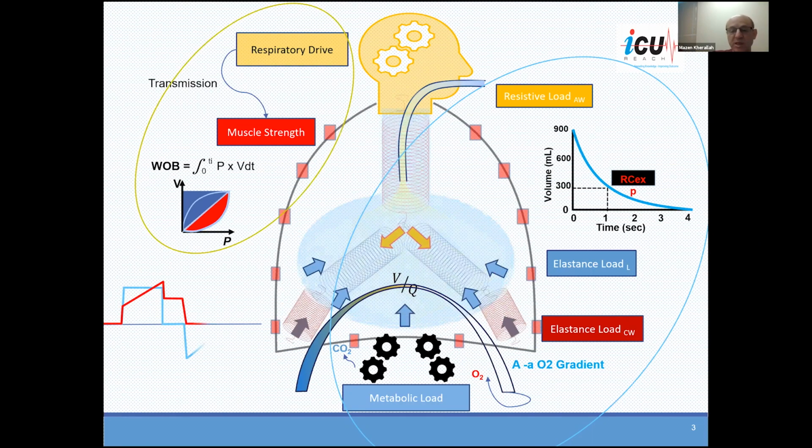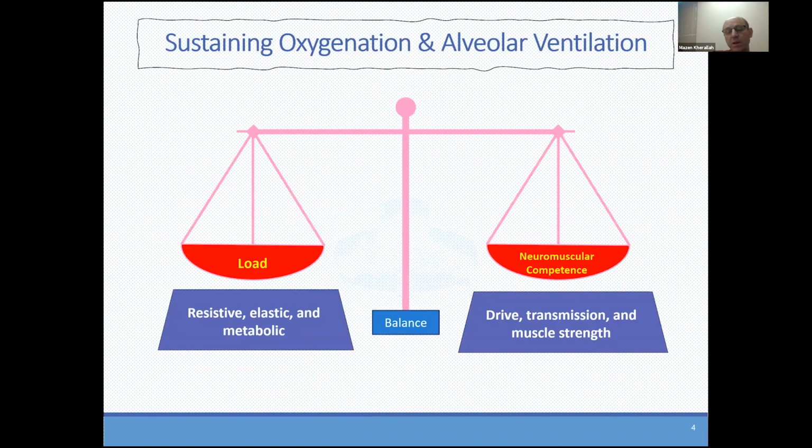If the patient is able to breathe effectively, we will see things in balance. And this is what you see here. I put on the left side the loads that we talked about: the resistive load, the elastic load, and the metabolic load. That would be in balance with the neuromuscular competence if the patient has the drive, the transmission, and the muscle strength that would be able to overcome that load and the body demands.